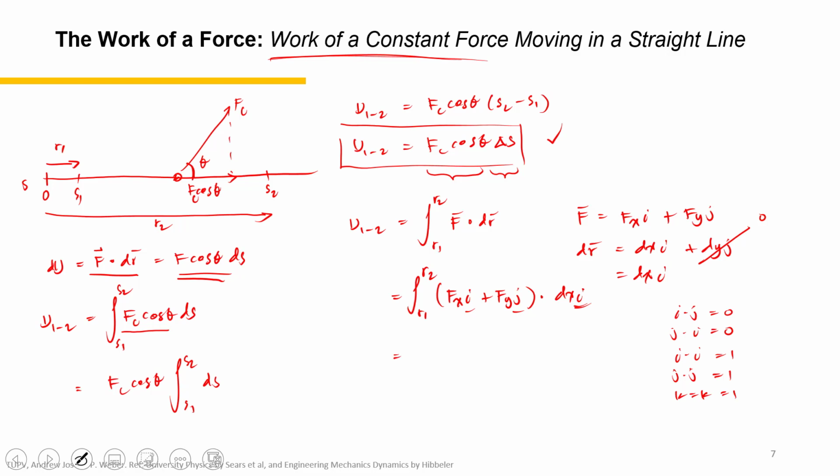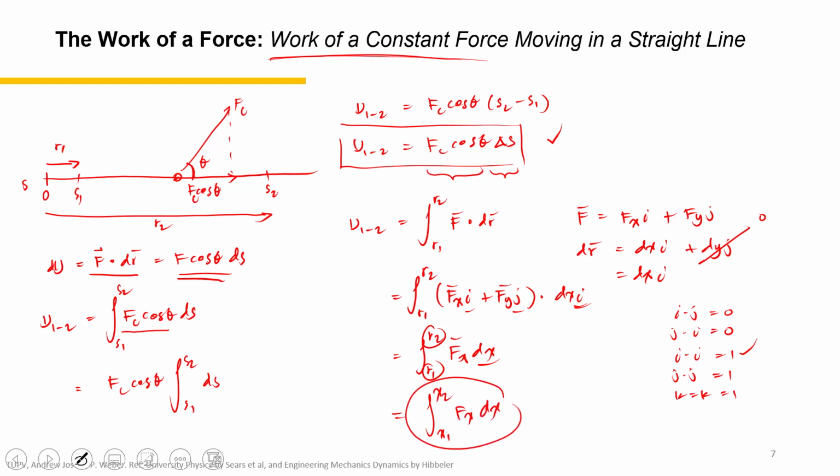So the resulting equation is the integral from r1 to r2 of Fx multiplied by dx. Now, because our differential is changed to x, our limit should also be changed to x. That would be the integral from x1 to x2 of Fx dx.